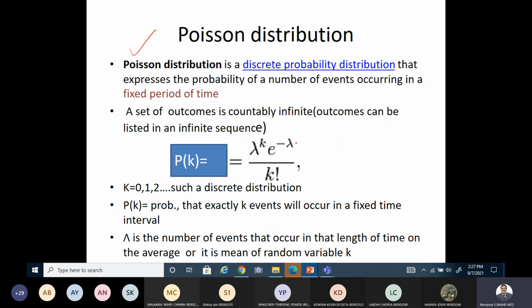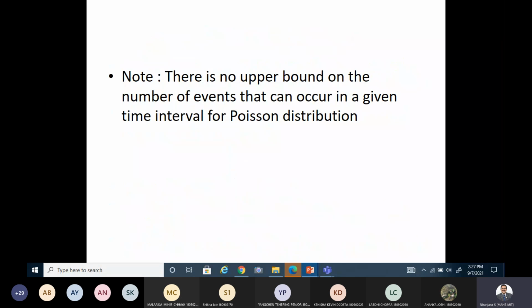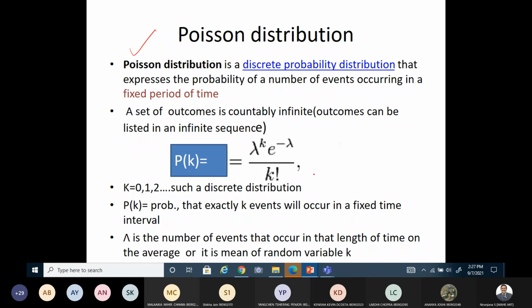That value can be considered as lambda. Getting 10 vehicles during 9 a.m. to 10 a.m. may be k. So if you know these two variables, you are able to express the probability of k with the relationship.